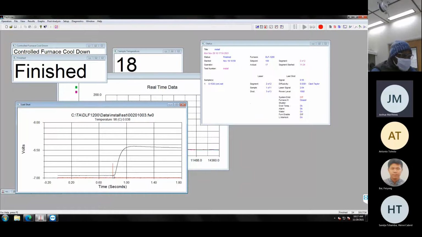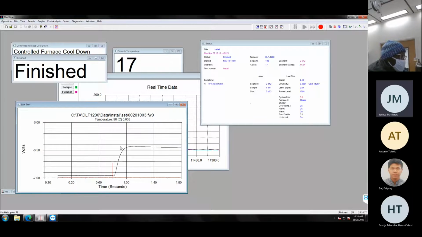It hits the bottom of the sample, there's a gradual increase in temperature, and the detector reads that. Then as it goes through the sample, it dissipates, and that's when you see the decline here.